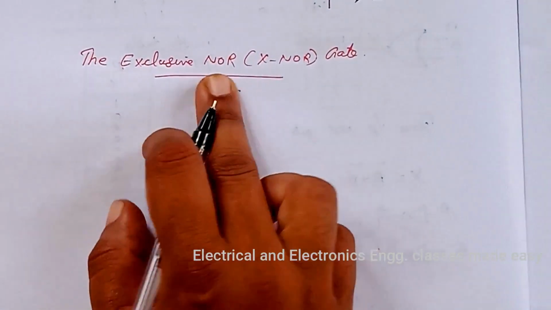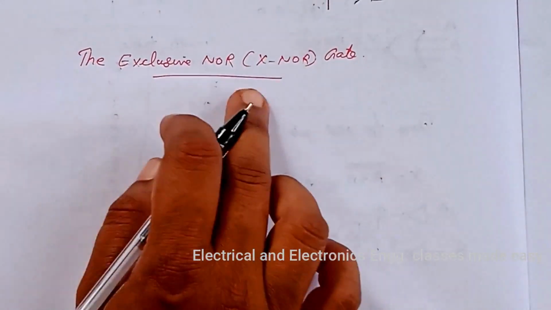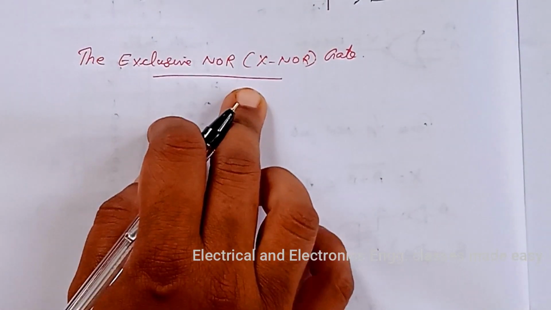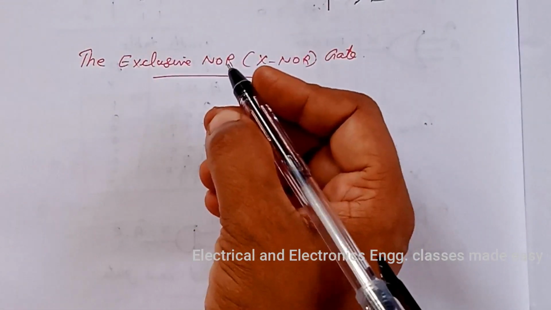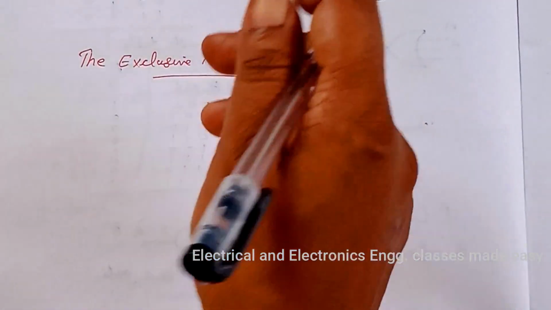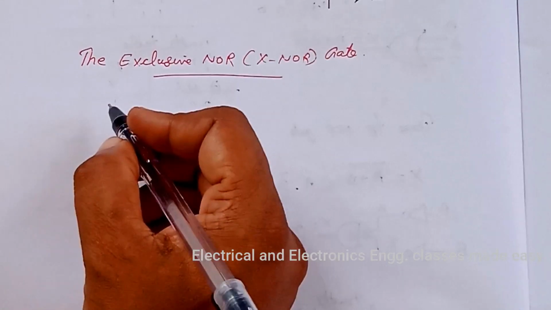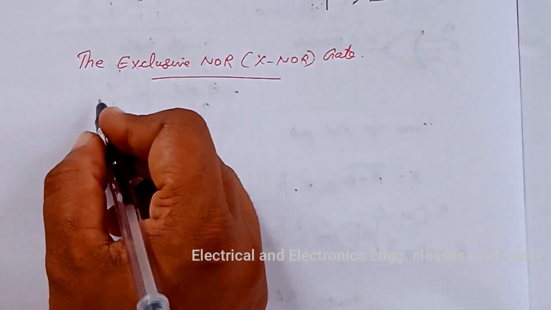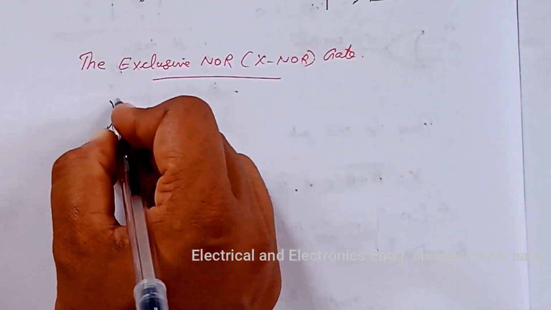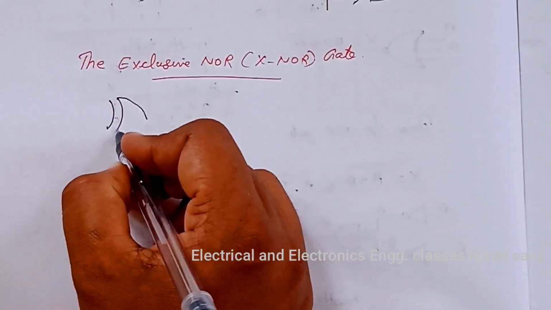Next is the exclusive NOR gate or XNOR gate. An XNOR gate is a combination of an XOR gate and a NOT gate. That is, the symbol of exclusive NOR or XNOR gate is a combination of XOR gate and NOT gate.